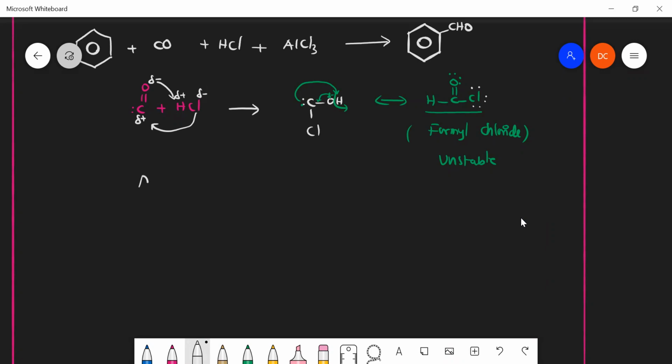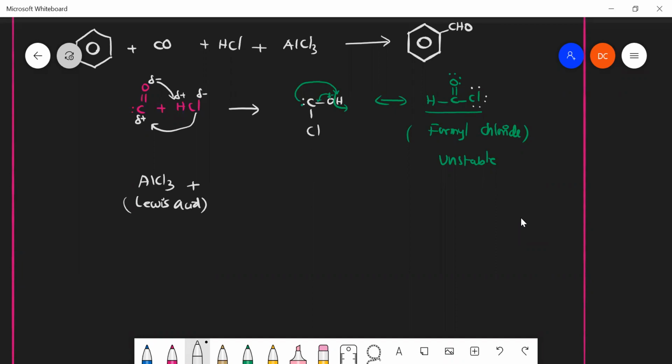Now AlCl3, we know that it is a Lewis acid. What do you mean by Lewis acid? Sir, it helps in the cleavage of the carbon-oxygen bond. Okay, any other thing? Forward reaction, sir.